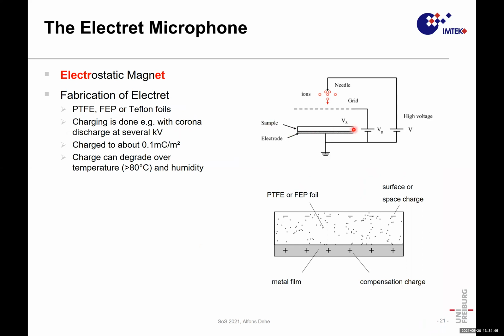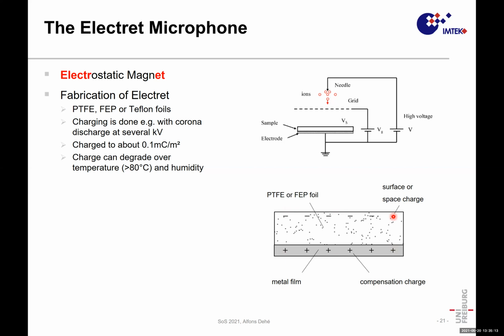Basically, you have an electrode and the foil on top, and you polarize this for tens of kilovolts, for example, and then you get into your sample this charge dissipation. So the metal film may be positive, and the dissipated charge in the foil is then more or less immobile. And if you did this charging, you put out the foil, it is keeping the charge dissipation.